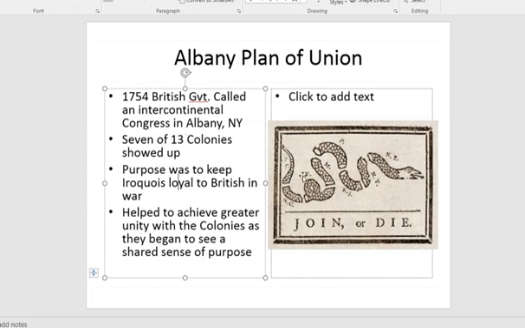Benjamin Franklin, who was one of the representatives at the Albany Conference, comes up with this Albany Plan of Union, and he is one of the big proponents of the different colonies joining together.